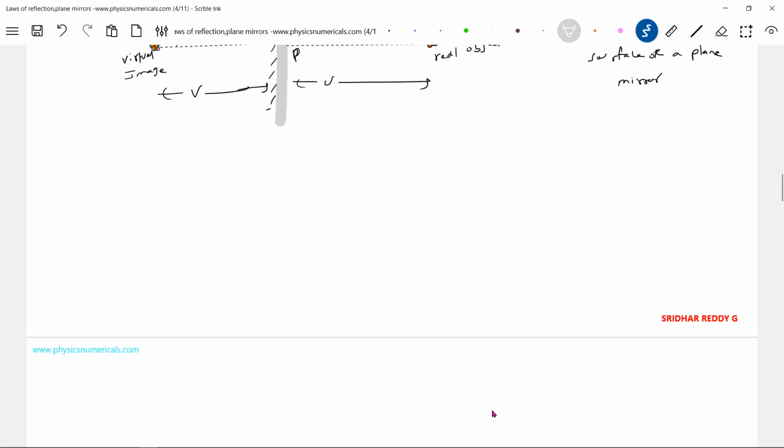Suppose instead, this is a mirror. Let me keep an object, and the corresponding image will be here.